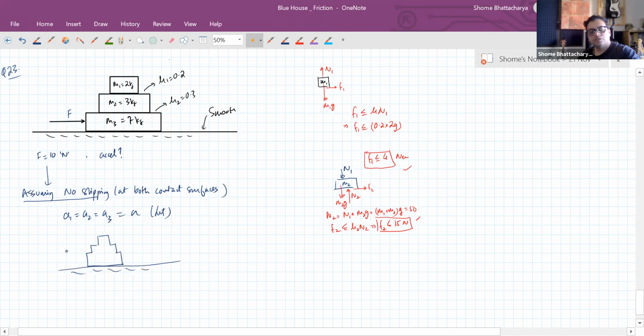This combined block, which has no friction on the ground, will be moving with this acceleration A, and the mass of this combined block is 12 kg. With this assumption, the acceleration should be F upon this combined mass.